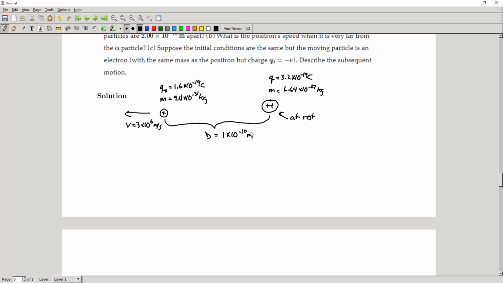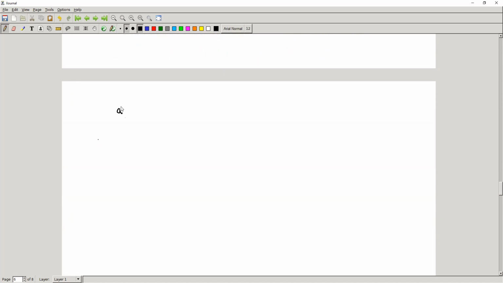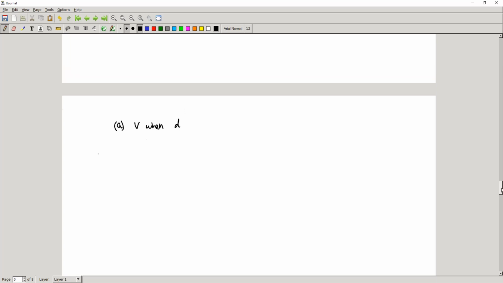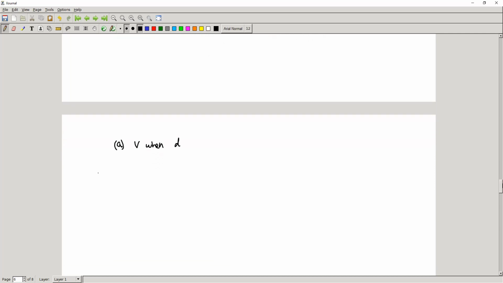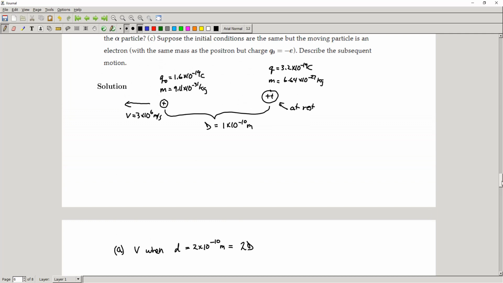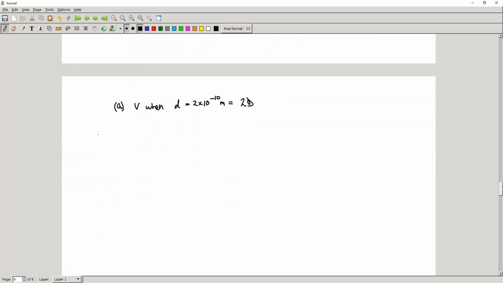And so in part A, we want to find v when our d, and this is not the same d, this is a variable d, is twice that D. We want to find v when d is equal to 2 times 10 to the minus 10 meters, which is just 2 times our capital D. So we want to find v at that point.